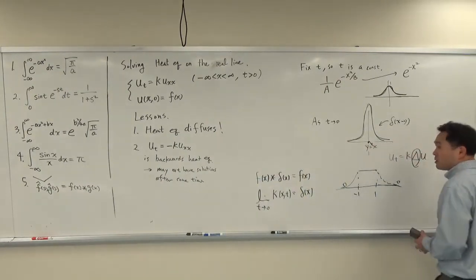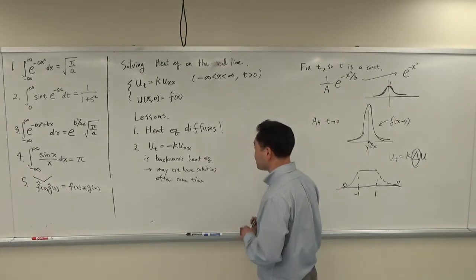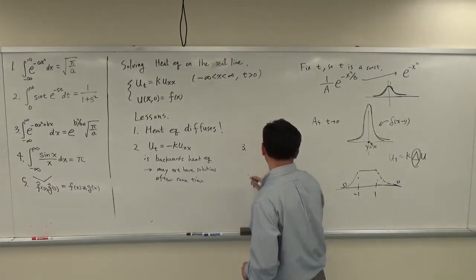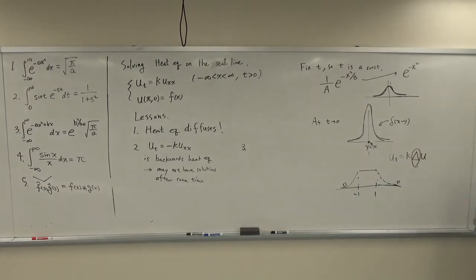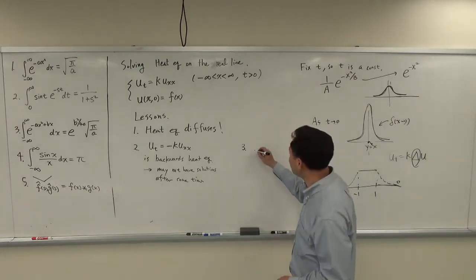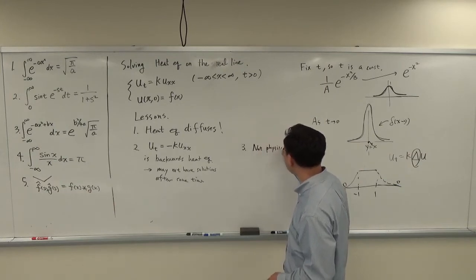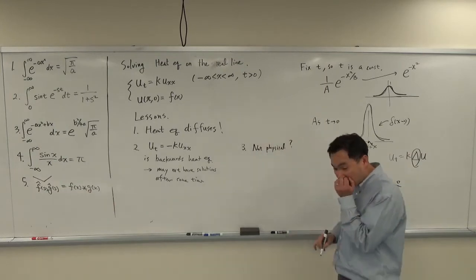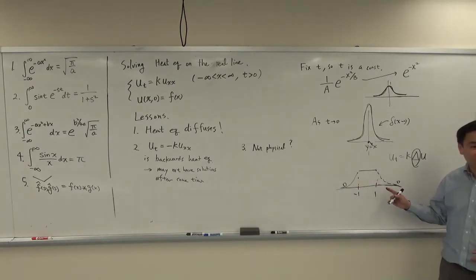Now, there's another thing that you see here, which is that this equation is not physical. Let's put a question mark there, because in physics, there's an upper limit to the speed, right?